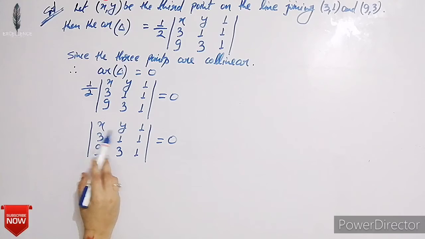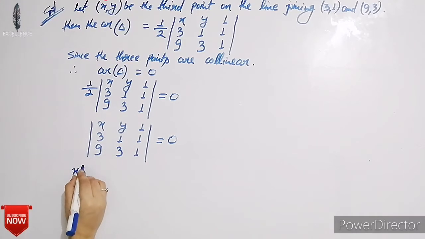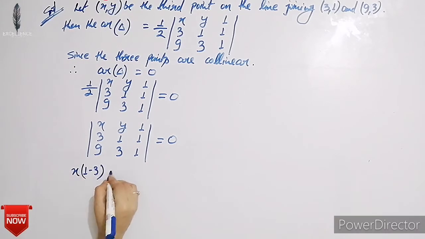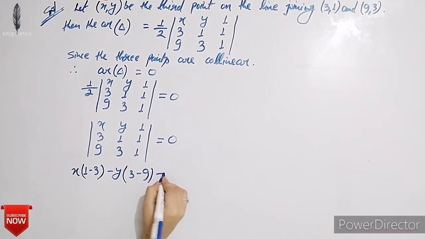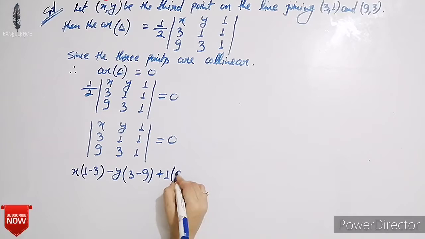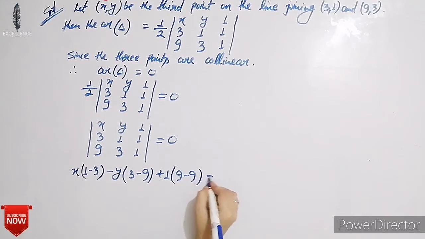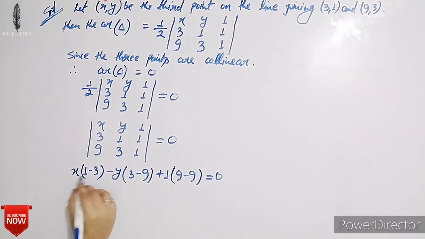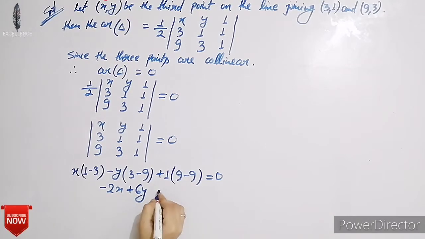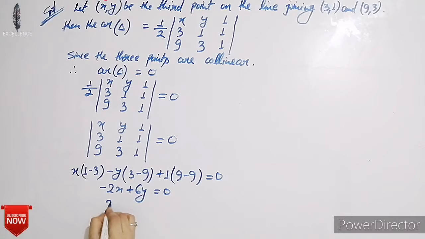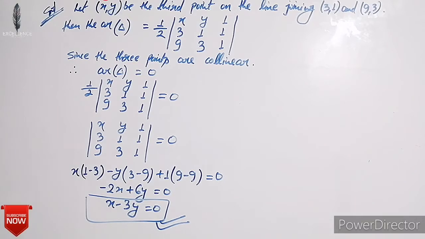On expanding along row 1, we have x into (1 minus 3) minus y into (3 minus 9) plus 1 into (9 minus 9) equals 0. On solving, we get minus 2x plus 6y equals 0. That can be written as x minus 3y equals 0, which is the required equation of the line.